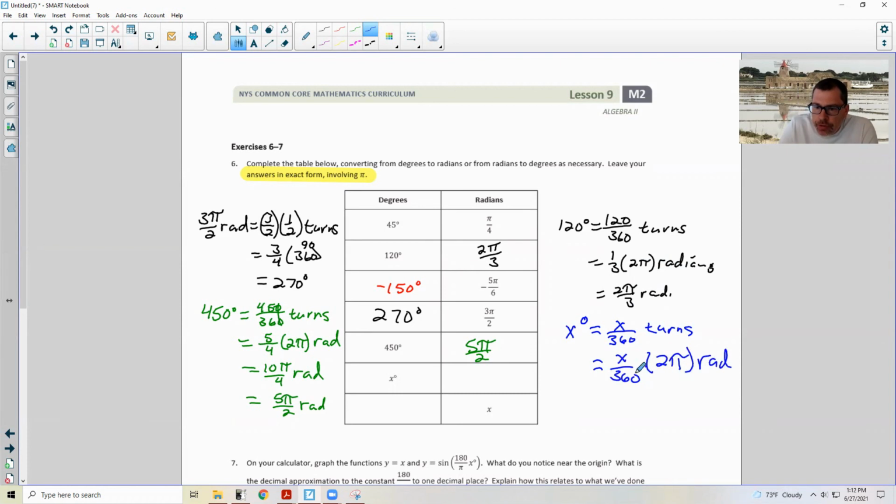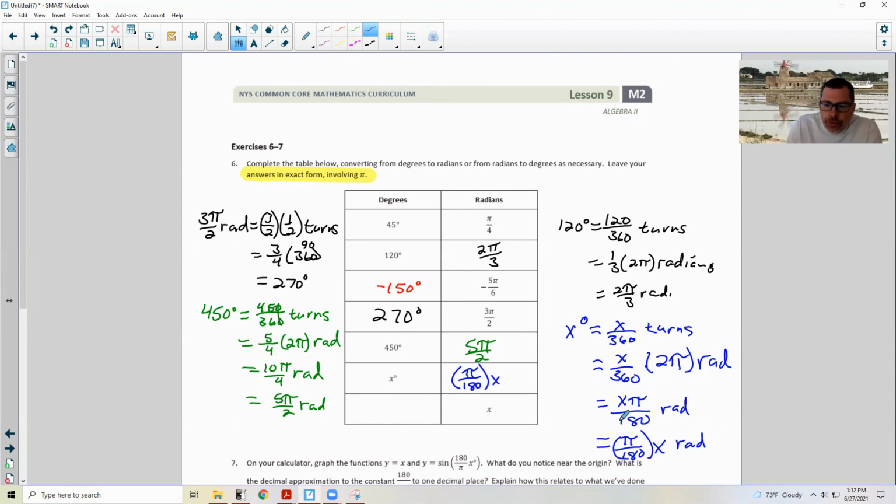Okay, so the 2 is going to reduce to 360 now, and we're going to get x pi over 180 radians. And I can rewrite that as pi over 180 times x radians.